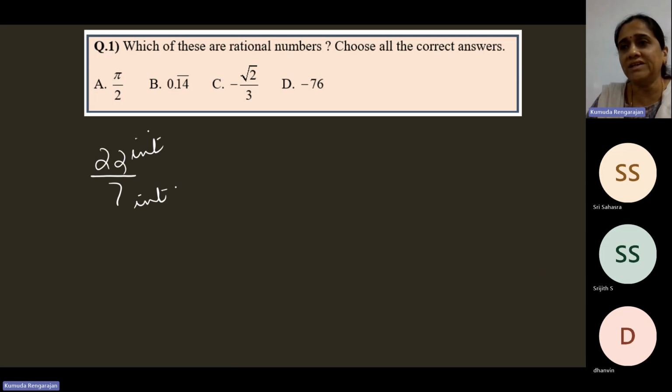And this is how we remember: integer by integer is a rational number. So 22 by 7 is a rational number.